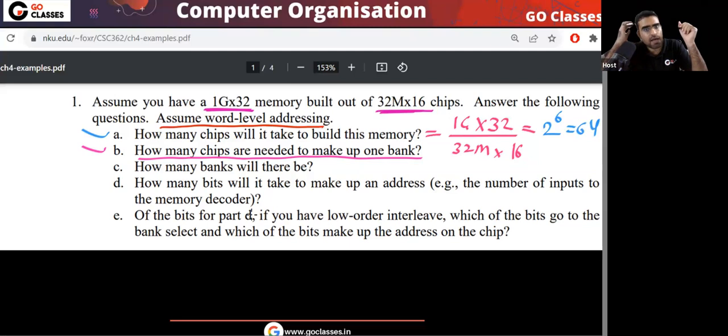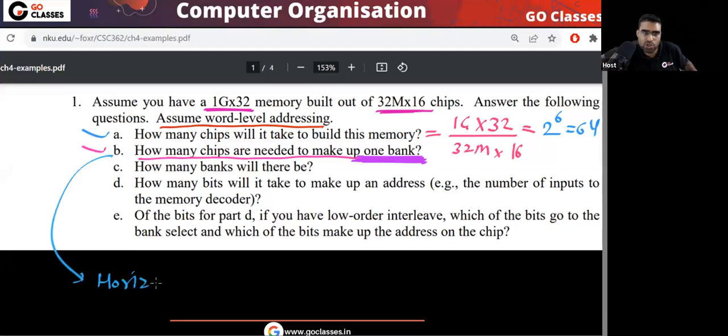Part B is asking, how many chips are needed to make one bank? We want one bank. This is horizontal. To make one bank, how many chips will be needed? So the question is asking horizontally how many chips you will put.